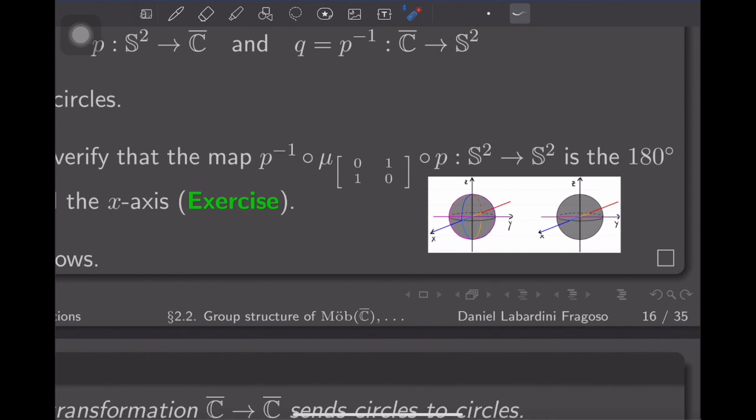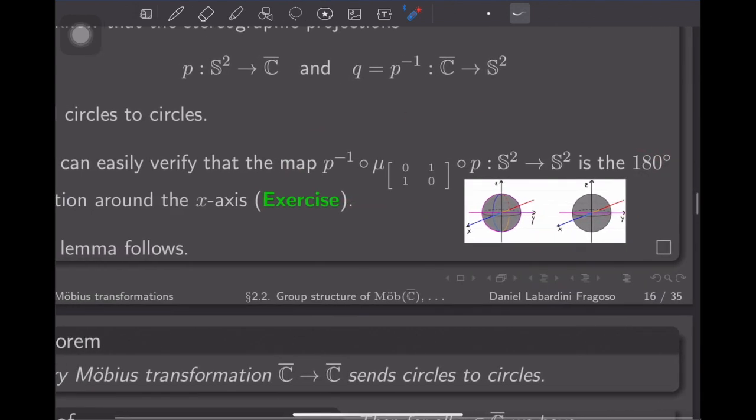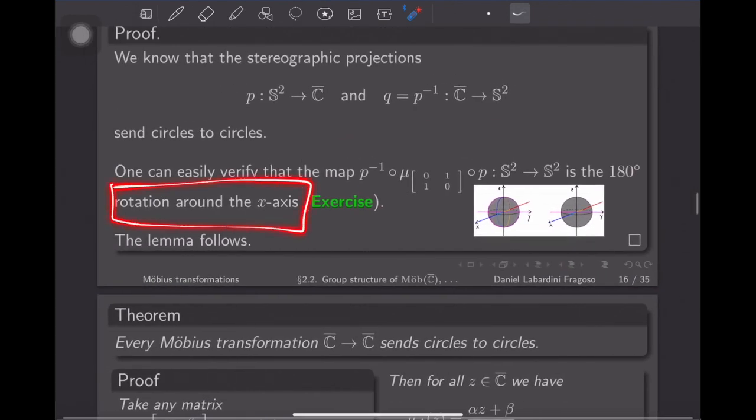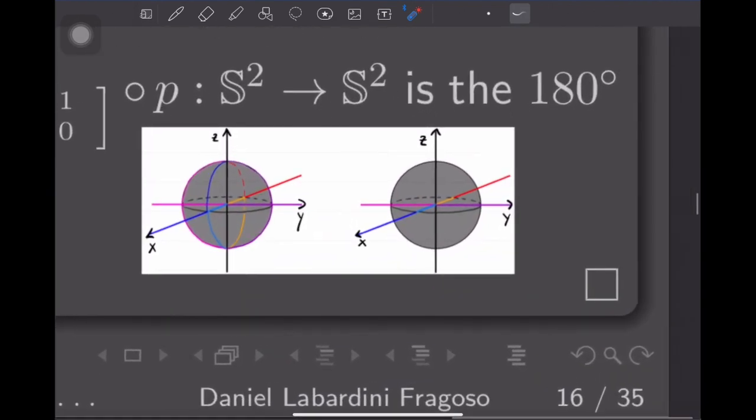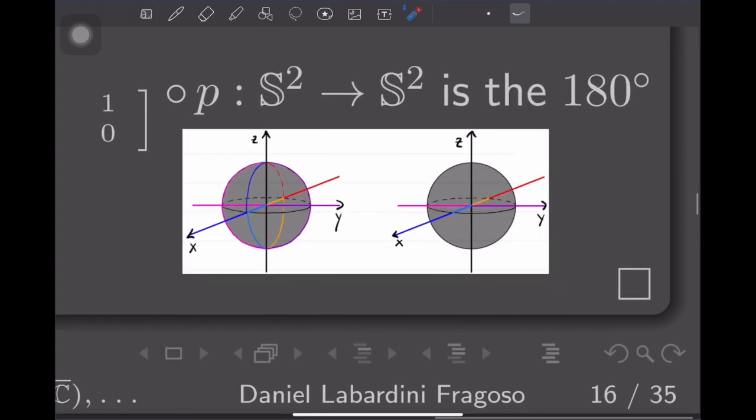So showing that this is this rotation is actually easy to do, and that's why I'm not going to do it. I'm just going to argue.